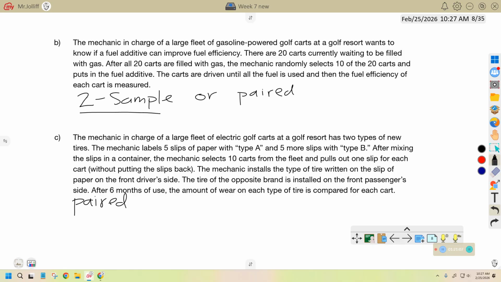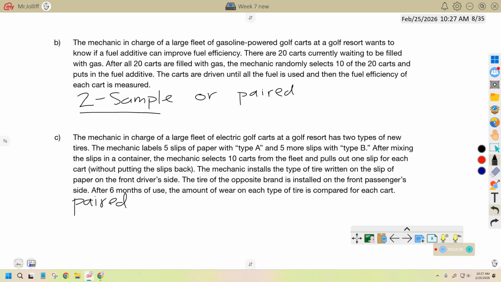And since I am collecting data on both tire A and tire B from every subject, those data values are paired, because I'm going to have an A value and a B value from each car, each golf cart. That, by the way, is why I said, because I've been doing SATs a long time, that option B is likely a 2 sample.